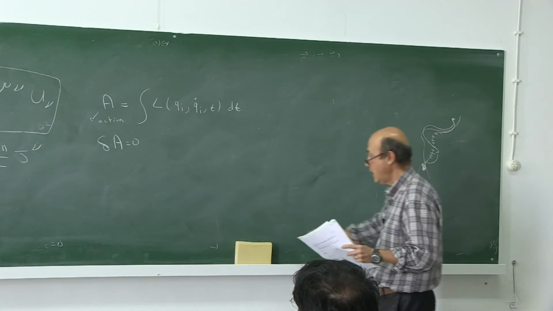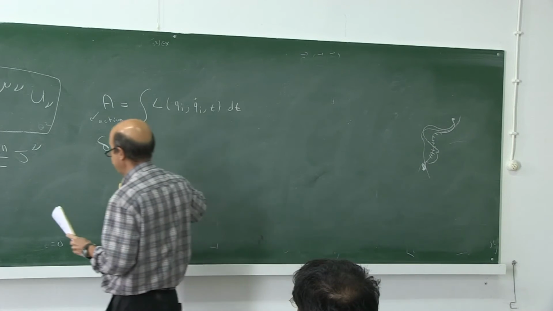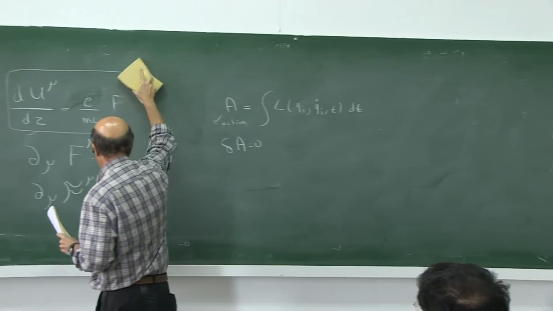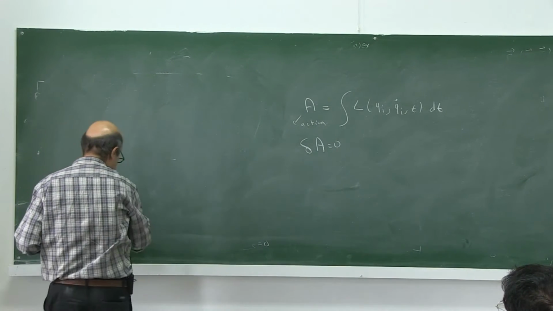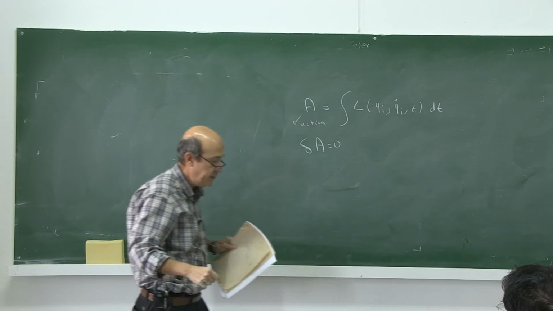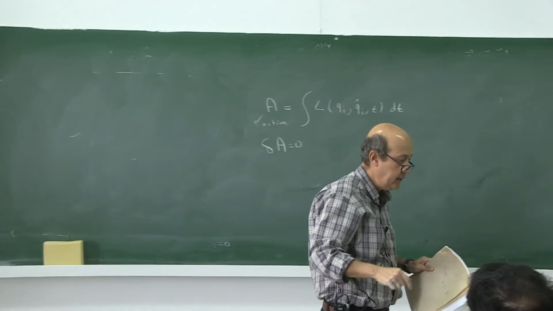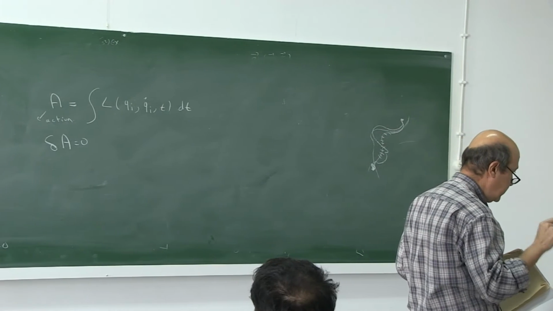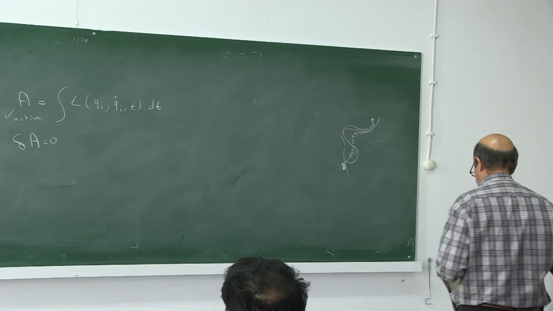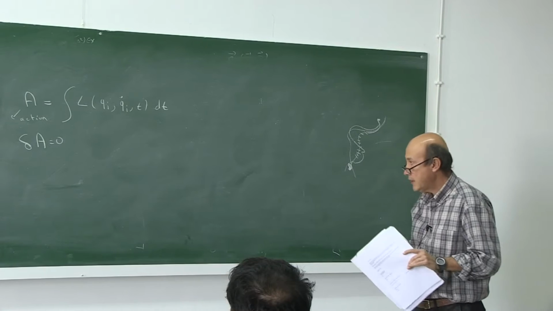So let us now try to find the Lagrangian for just a relativistic particle without interacting with the electric and magnetic fields. Suppose there is a charge moving relativistically. What is the Lagrangian for that?